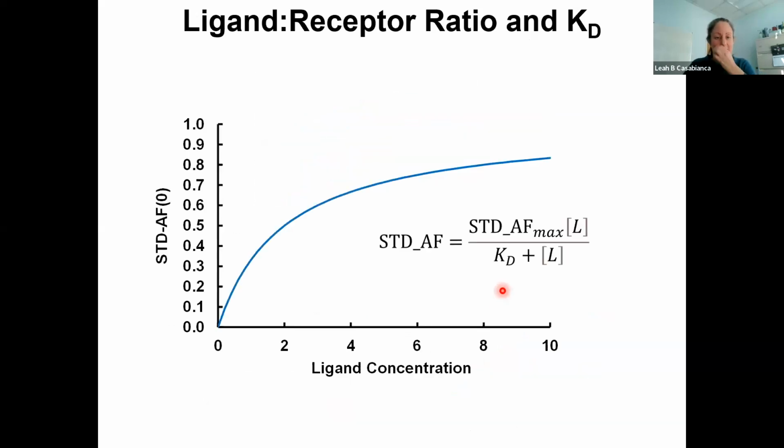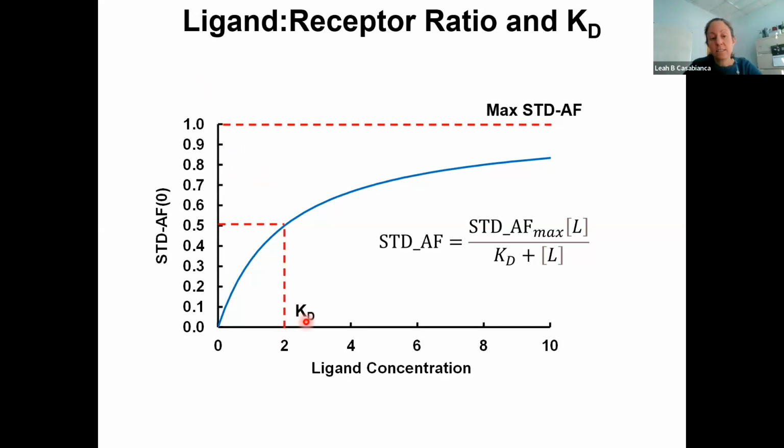Let's look at this in a little bit more detail. If we plot this equation, there will be a position at which this value levels off. So this is the maximum STD amplification factor. If we look at half of that maximum and extrapolate down, this is the value of our KD.